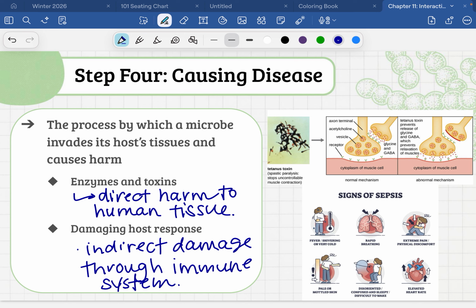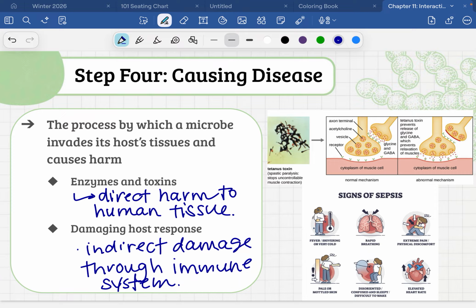Okay, so a kind of mild example of this is a fever, right? A fever is a symptom or a sign that's typically associated with a lot of different infections. Bacterial infections like strep, the flu, all kinds of things cause you to have a fever. Now, a fever is not something that the bacteria is causing directly.